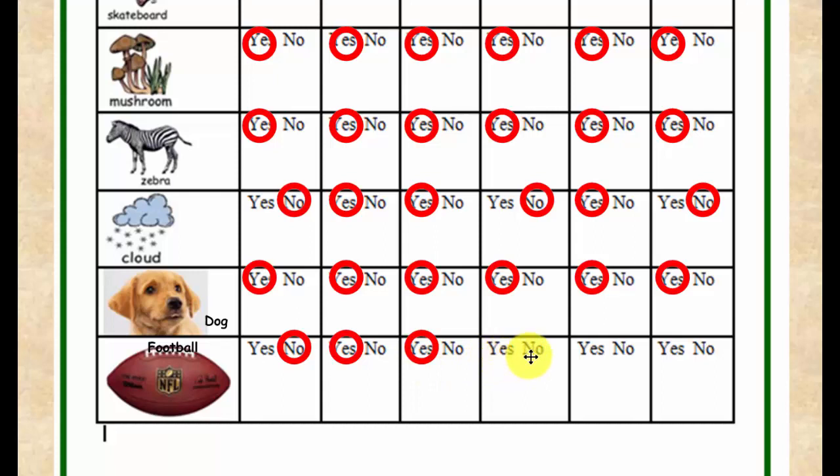Does it reproduce? No, it doesn't reproduce. Does it move? Well, you could say it does because when you throw the ball or kick it, it is moving. However, look carefully. We have a no here and a no here. So you must have 5 yeses for it to be a living object. So the answer to that one is no.